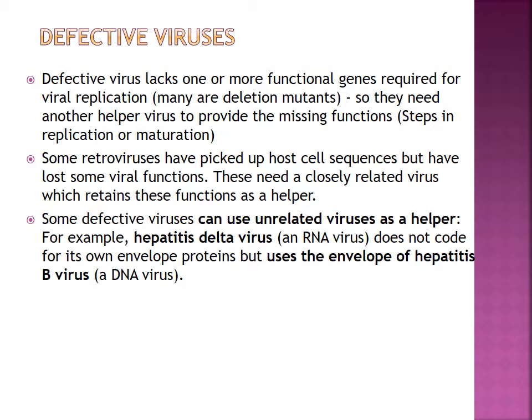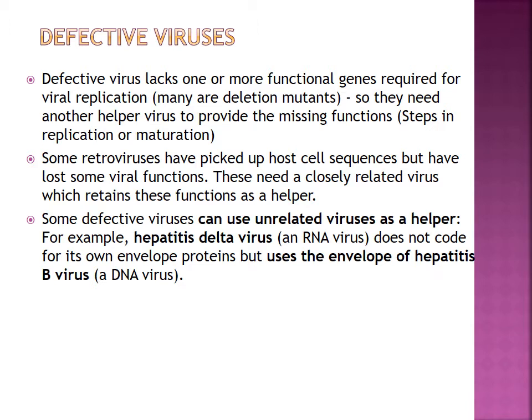Some retroviruses have picked up a whole cell sequence but have lost some viral functions. These need a closely related virus which will retain the function of the defective virus as a helper. Some defective viruses can use unrelated viruses as a helper.